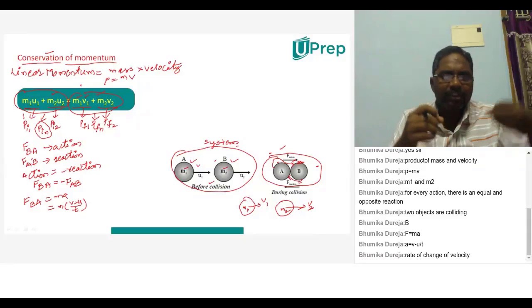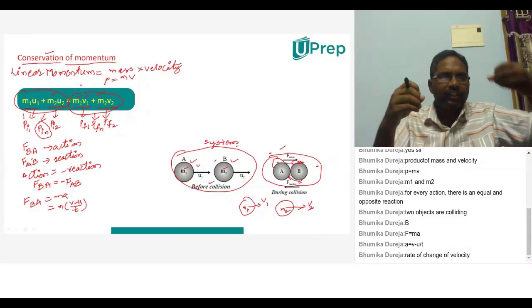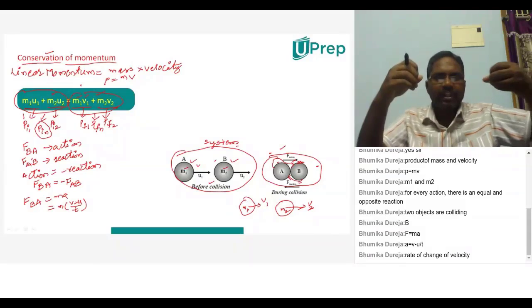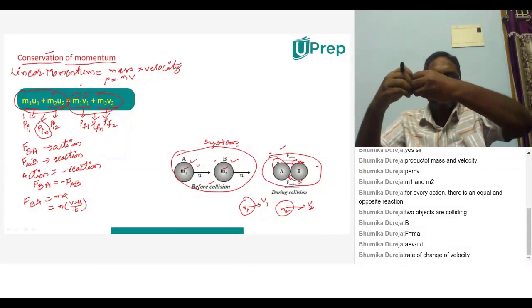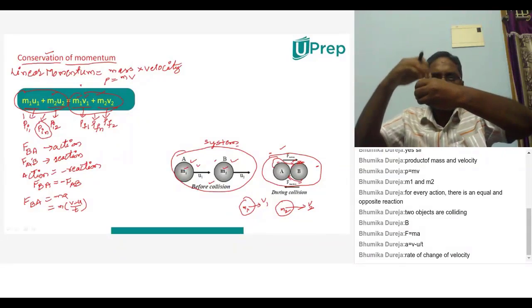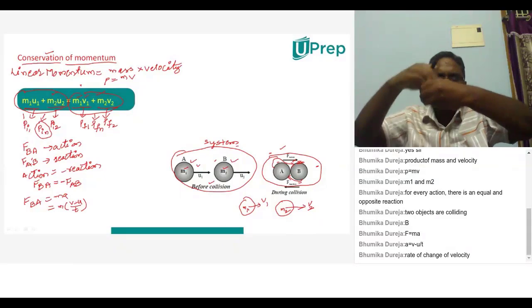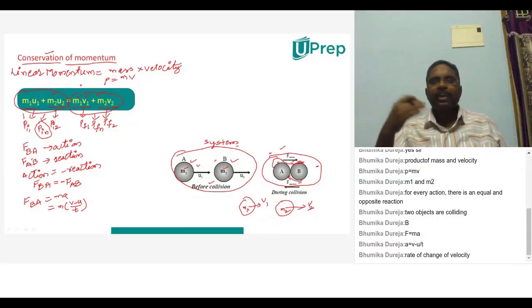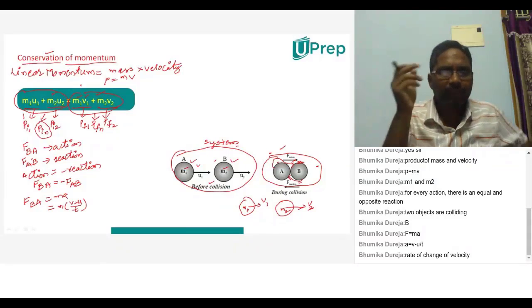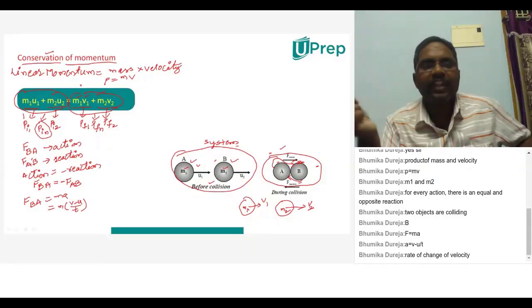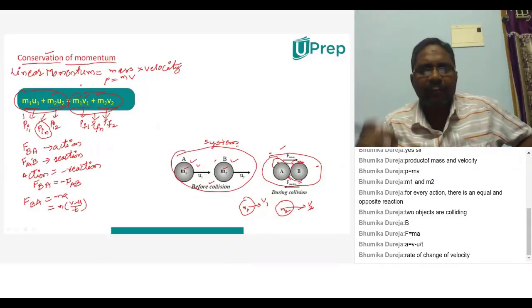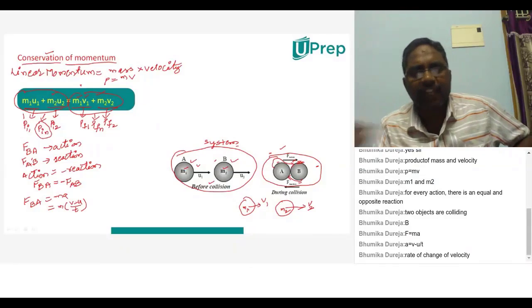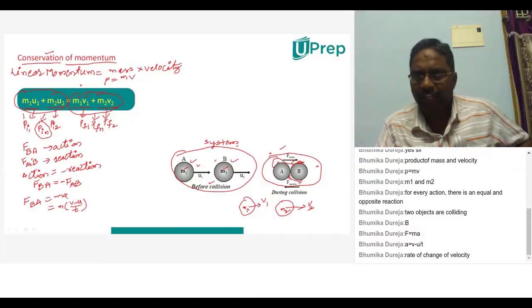And in this one-dimensional collision, what are you learning first? This is object A, this is object B. Object A is coming and hitting object B, and some force is applied by object A and B. So when system A is applying force on B, there will be change in momentum of the second object.